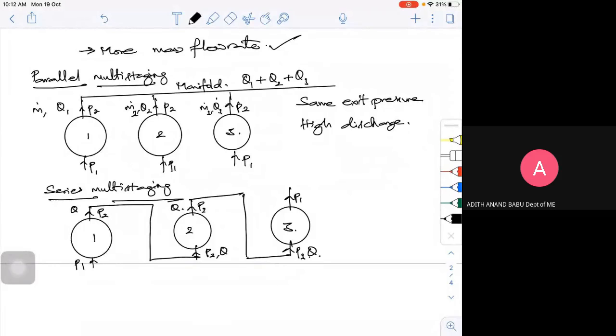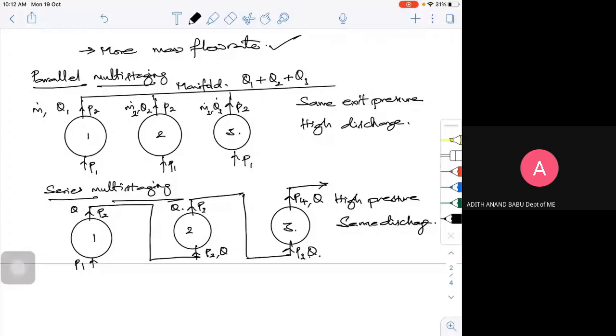It is the same discharge. So here, if I want high pressure and the same discharge, whenever I want high pressure and same discharge, I prefer a series arrangement of compressors.